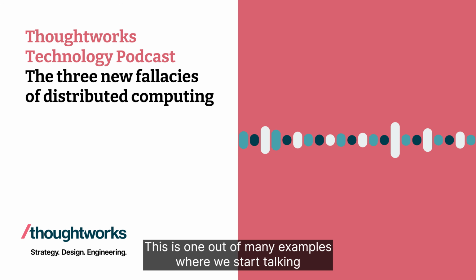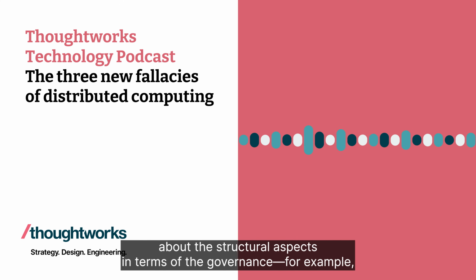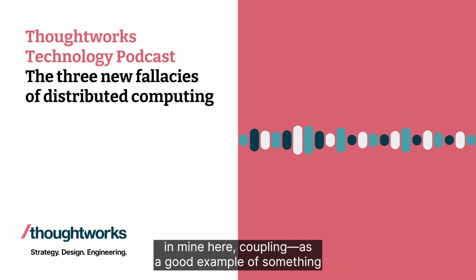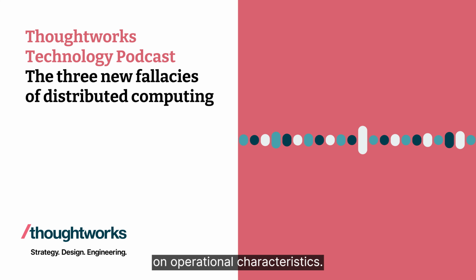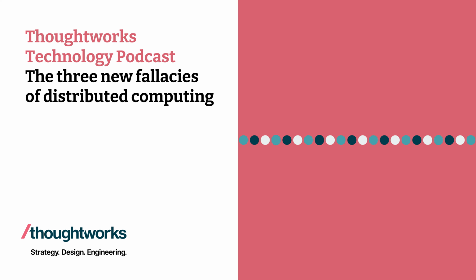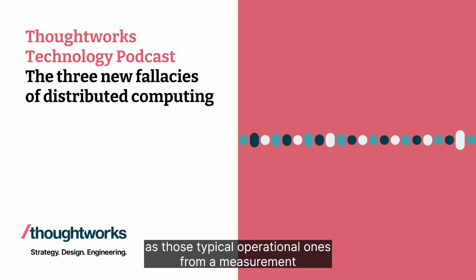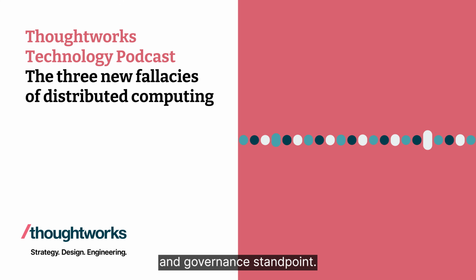This is one out of many examples where we start talking about the structural aspect in terms of governance. Coupling is a good example of something that we tend to forget about when we focus on operational characteristics. And these things are just as important as those typical operational ones from a measurement and governance standpoint.